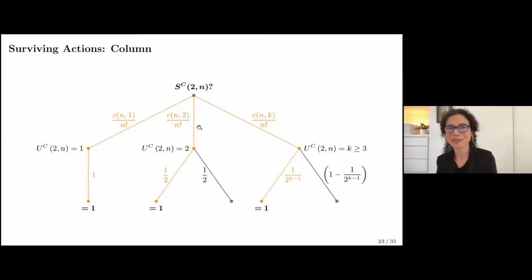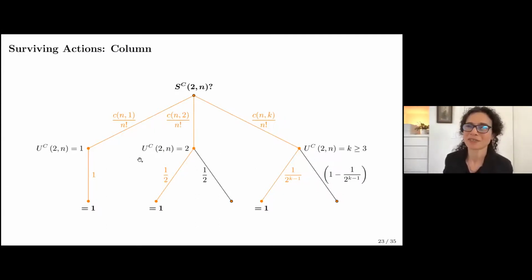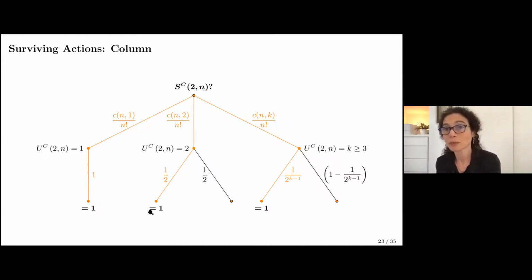We look first at the column, and we have the precise distribution of all their undominated actions. And then there are 2 options in every node. So first of all, if she has precisely 1 undominated action, that's it. That's the surviving action. Now, if she has 2 surviving actions after the first stage, either row can eliminate something, in which case we have a dominant solvable game, and ultimately the surviving actions of column will be exactly 1, or not, then she'll remain with 2.